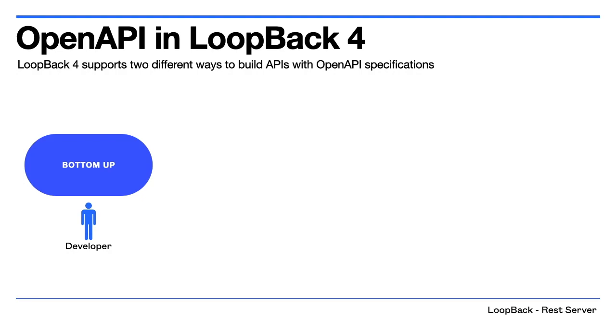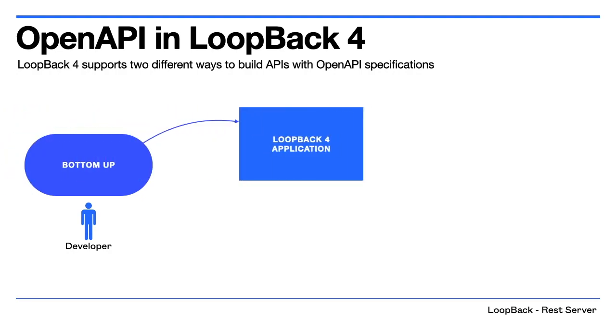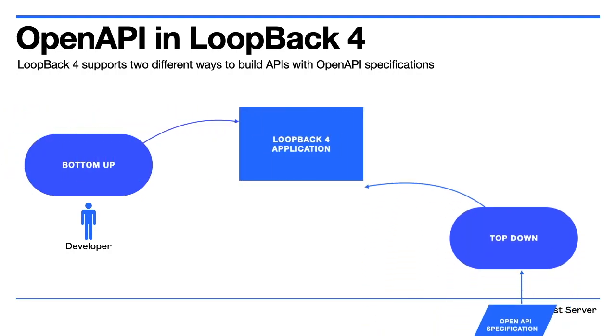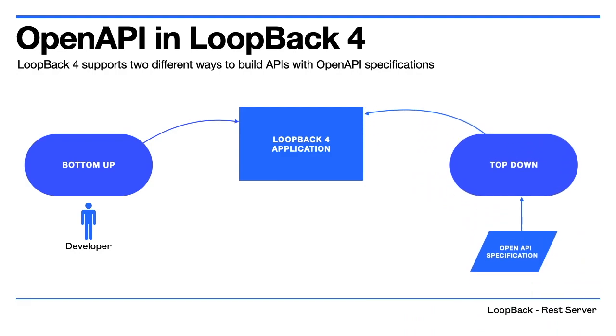And then we can generate the Open API spec from the LoopBack 4 application. Or there can be a designer that provides an Open API specification, and from it we can generate the LoopBack 4 application also. Either way, the LoopBack 4 application provides to the consumers, testers, designers, any other team or whatever, the OAS specification file.